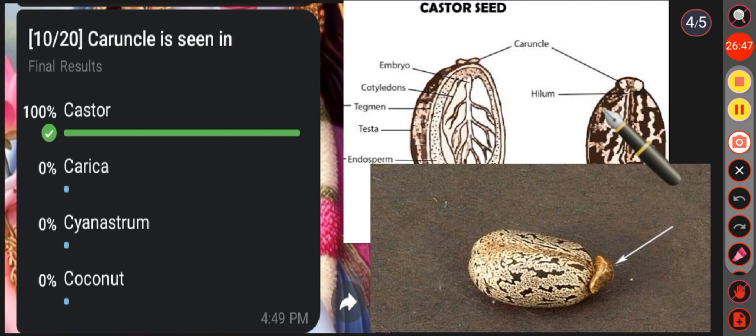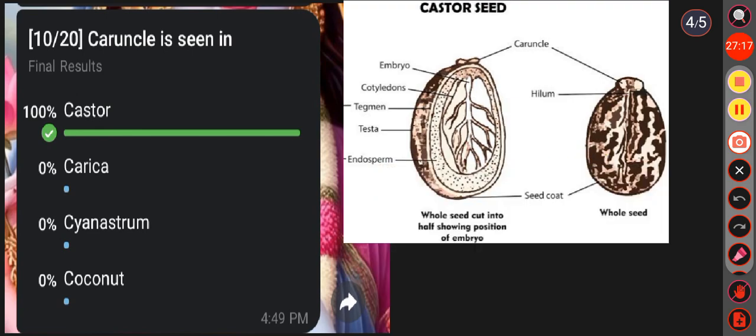Carbuncle is an outgrowth of one end of the ovule, which is commonly found in castor seeds, that is Ricinus communis, which belongs to the family Euphorbiaceae. Okay. So, carbuncle is formed by proliferation of cells of the outer integument in the micropylar region. Its function is to absorb water during seed germination. Right? So, carbuncle is generally seen in castor.